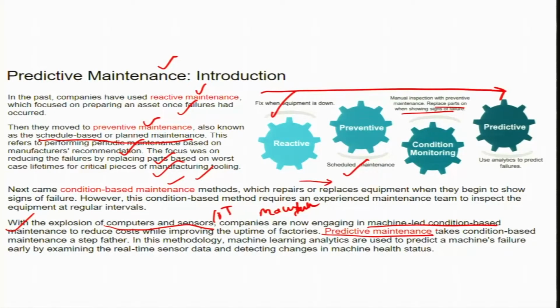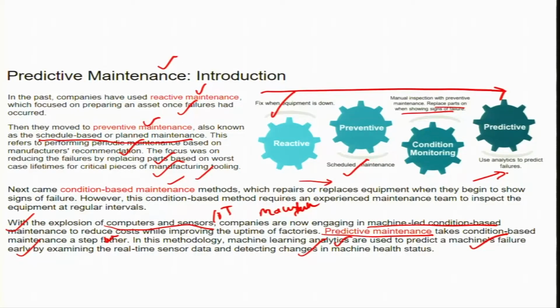So, predictive maintenance takes the condition based maintenance to a further level, and in this methodology machine learning analytics is used to predict the machine's failure early by examining the real time sensor data and detecting the changes in the machine health status. So, it often uses the sensor data, which is nothing but time series data, and will predict when the machine is going to fail.